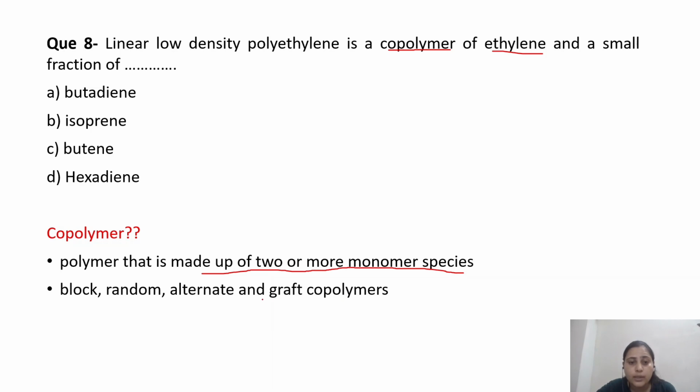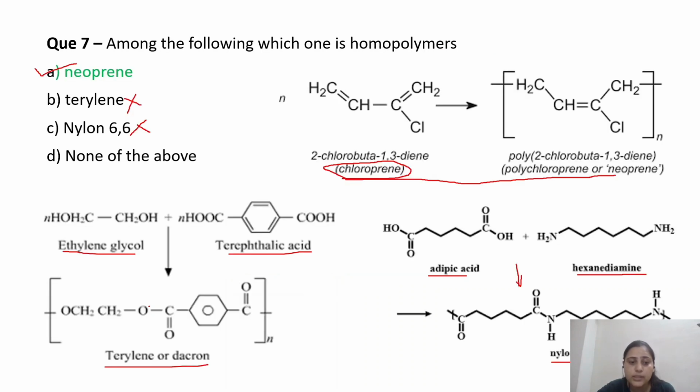In the previous slide we saw that Terylene is made up of two monomeric units, ethylene glycol and terephthalic acid, and nylon 6,6 is also made from two monomeric units, adipic acid and hexane diamine. So these two are copolymers.